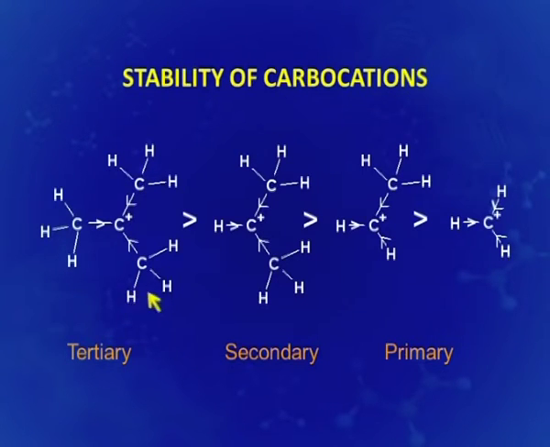And if we compare it to a secondary carbocation, we have only 2 alkyl groups which are able to share this positive charge, and primary has only 1, and the methyl carbocation does not have any. Obviously, the stability of carbocation will be tertiary more stable than secondary, it will be more stable than primary, and the methyl carbocation remains the least stable.